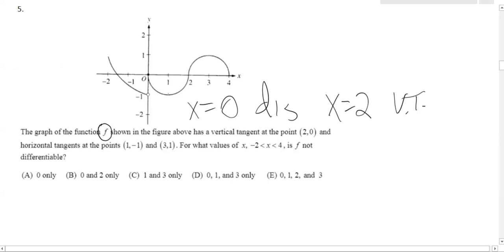At this point and this point, where you would have horizontal tangents, the derivative is not undefined there. The slope of the tangent line would be 0, which is a defined value. So this would be at x equals 0 and 2 only. So choice B for that one.